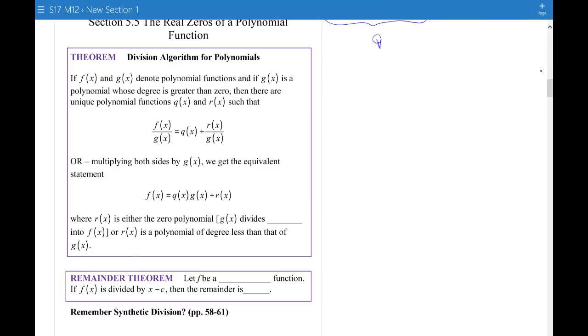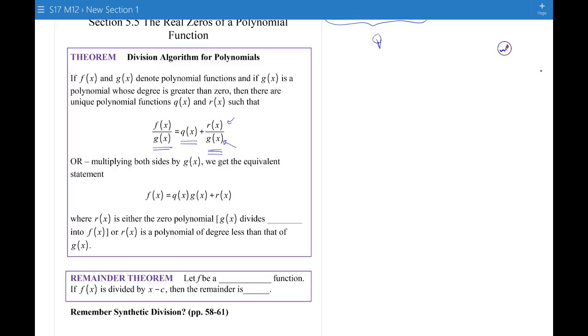Okay, so what we just did is called the division algorithm for polynomials, and this just formalizes that result. So if f and g are polynomial functions, and g is a polynomial with degree greater than 0, then when you divide, you get a quotient plus a remainder over the same as the original divisor.